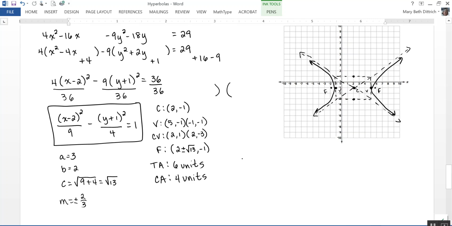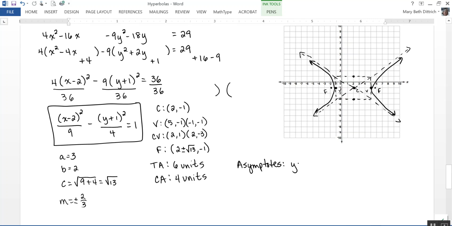So I can actually say that the equation of my asymptotes, I'm going to use point slope form. I'm going to say y. Now, do I have a point on both of those lines? Indeed, I do, the center. So the center, 2, -1, is actually a point that lies on both of those lines. So I can use that.